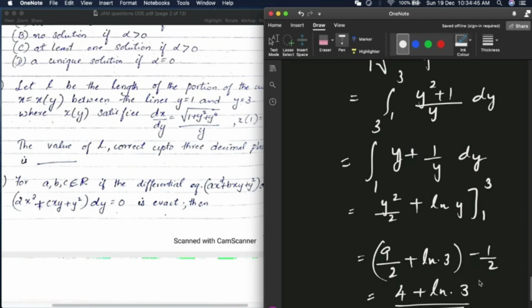So this is the answer. You can find it correct to 3 places of decimals because you have to enter the numerical value here.